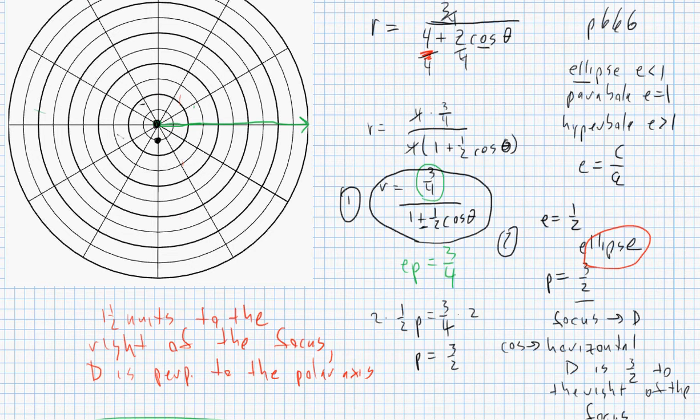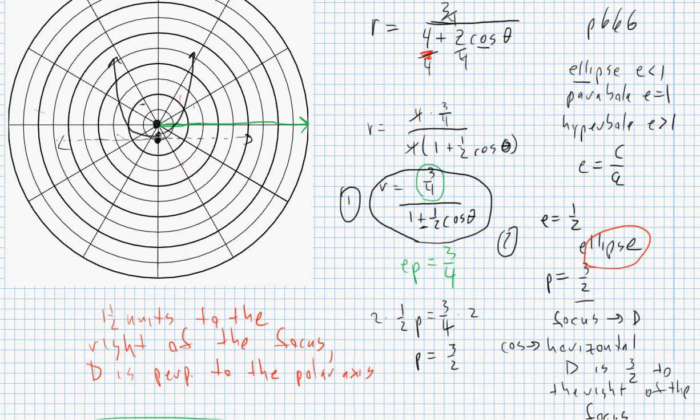That's where the directrix is. So the directrix is going to be horizontally oriented like that, since the parabola itself is vertical. The vertex of the parabola is halfway between the focus and the directrix, if you remember your parabolas. So it's facing up. There's our vertically oriented parabola facing up.